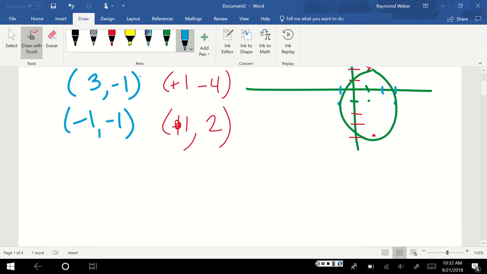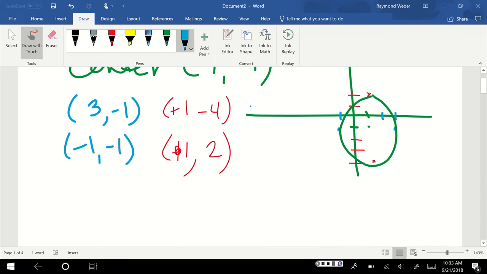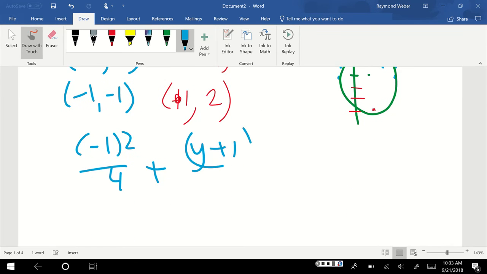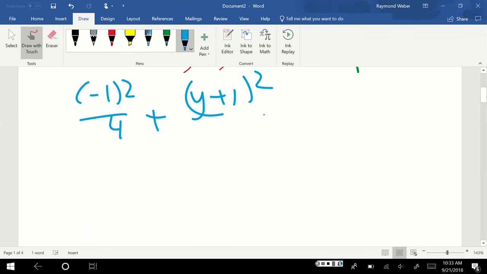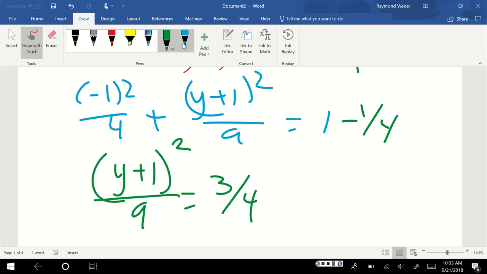So to find the intercepts in the original equation, how do you find any intercepts? Well, you're going to set x equal to 0 to find the y. So I'm going to get (-1) squared over 4 plus (y plus 1) squared over 9 equals 1. And now I have to solve for y. So this is going to become positive, so that's really 1/4, so minus 1/4. So I have (y plus 1) squared over 9 equals 3/4.